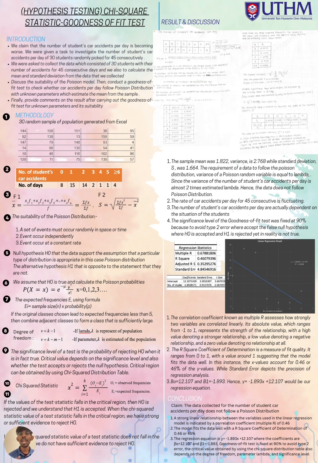Next, we look at the significance level of the goodness of fit test, where we fix it to 90% to avoid type 2 error, where we accept the false null hypothesis, where H0 is accepted and H1 is rejected, yet in reality it is not true. In order to prevent any false claim from happening as far as possible, the significance level is fixed to 90%.